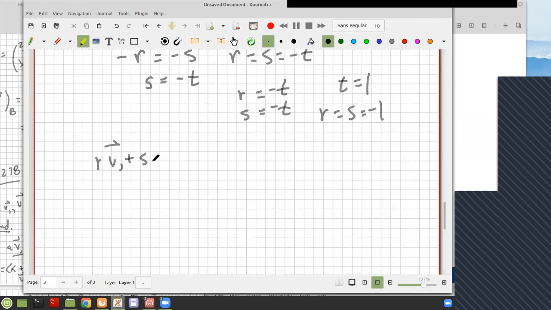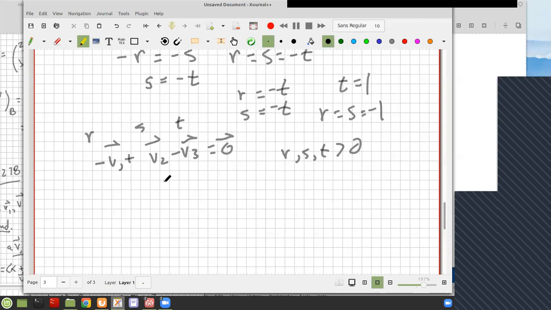So therefore, you found a case in which this is R, S, and T, minus 1, plus 1, minus V3 equals 0, and R, S, and T are not all 0.